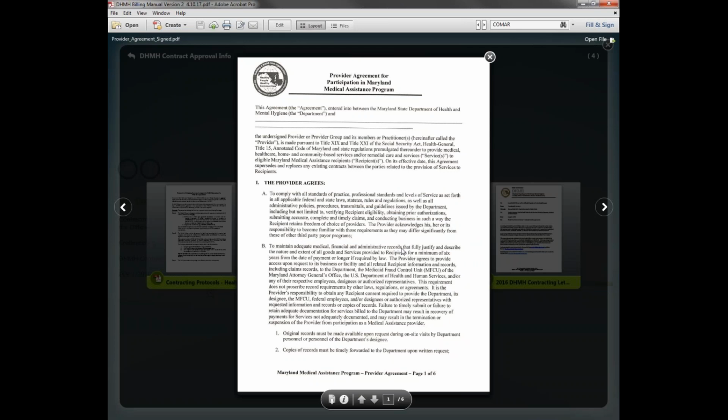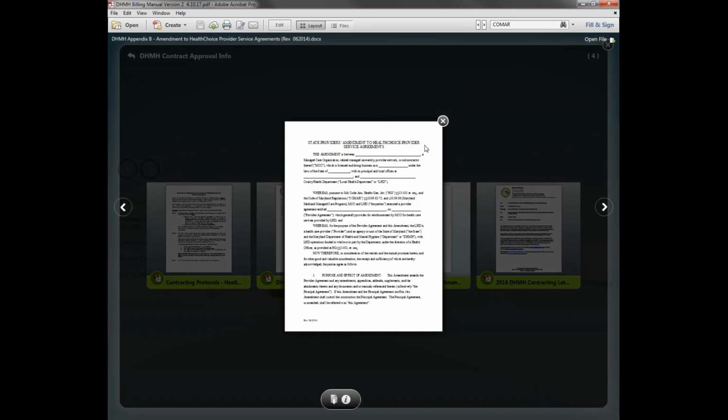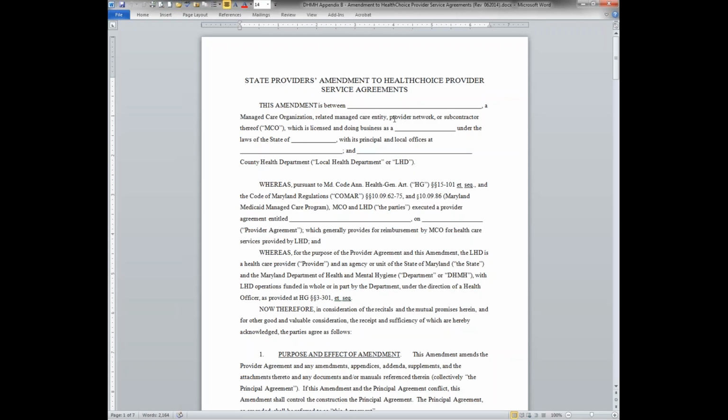Here's another one. This is medical assistants, their agreement to participate. This is a document that was prepared for the health choice providers, for the managed care, like the Mayor Group and United Healthcare Community Plan.